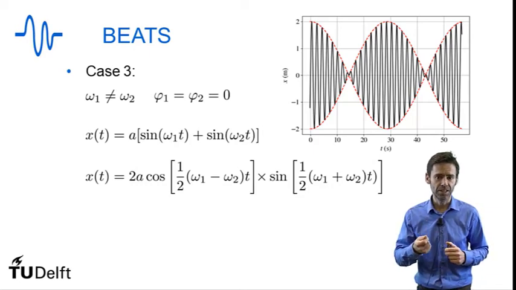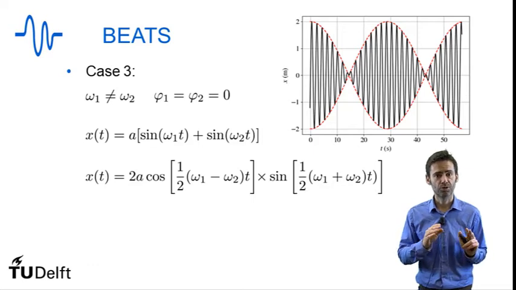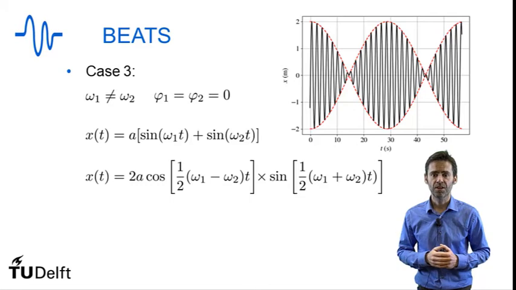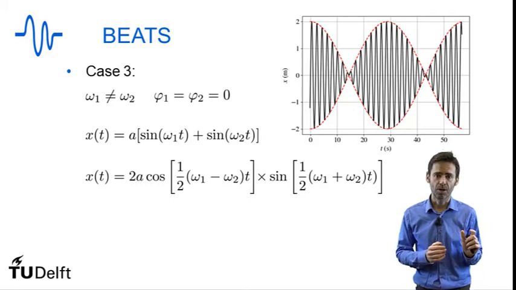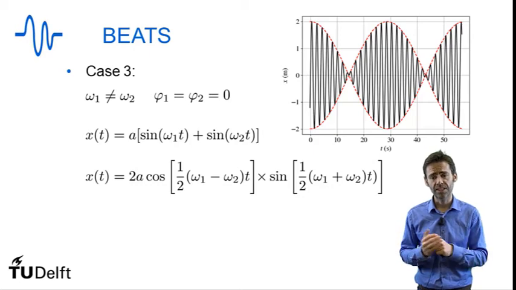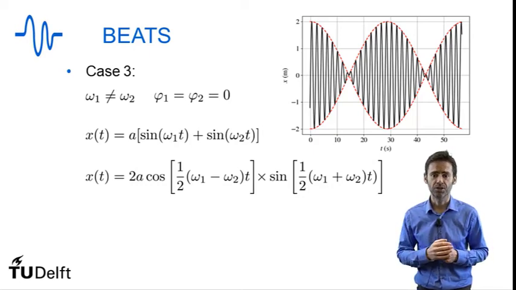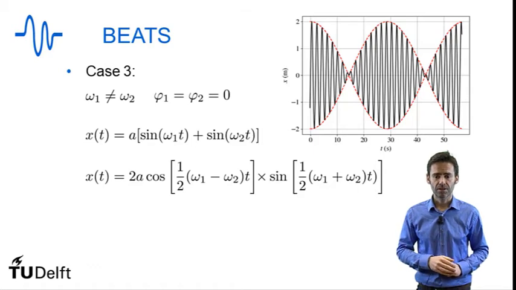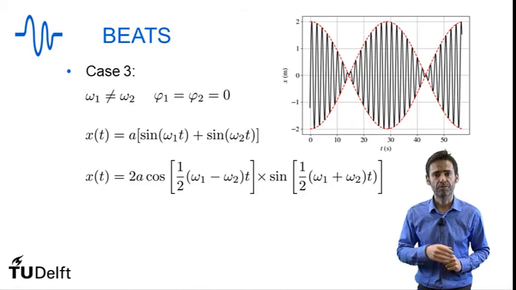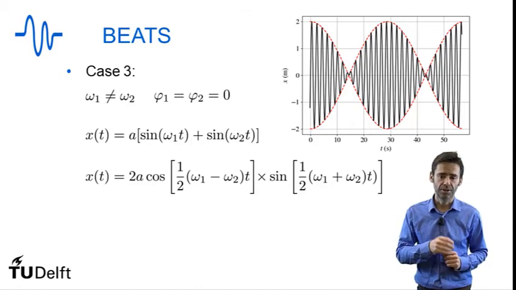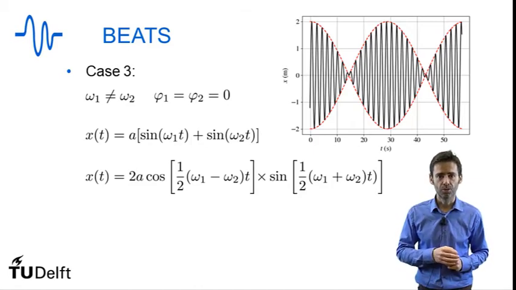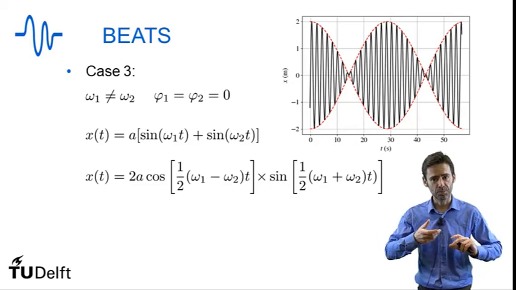What it essentially means is that you get a product of a cosine and a sine, with the cosine having the difference frequency, omega 1 minus omega 2, and the sine having the sum frequency, omega 1 plus omega 2. The sum frequency leads to a high frequency repetitive pattern, and the difference frequency leads to a low frequency repetitive pattern, and these are multiplied.